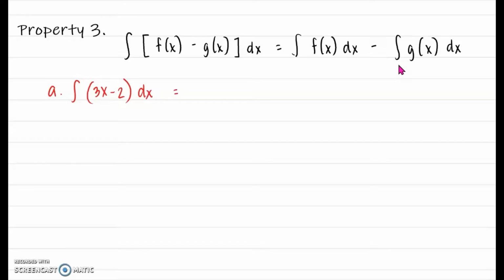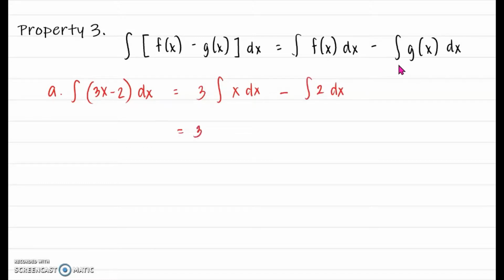So that would be equal now to, since our f of x is 3x, 3 times the integral of x with respect to x minus the integral of 2 with respect to x.